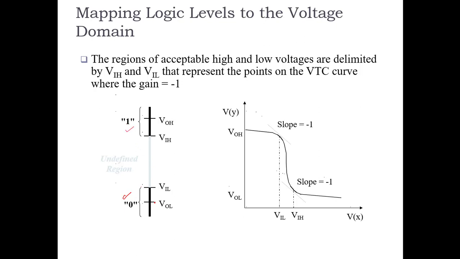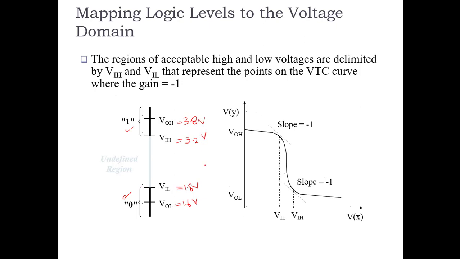And you see VIL is higher than VOL. What does this mean? So for example, this is 1.6 volts. This should be less than VIL, which may be 1.8 volts. And here VIH is, for example, 3.2, and VOH is 3.8 volts.